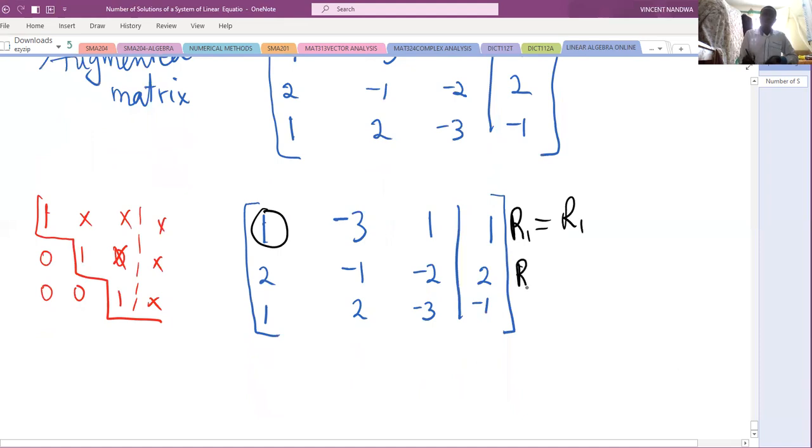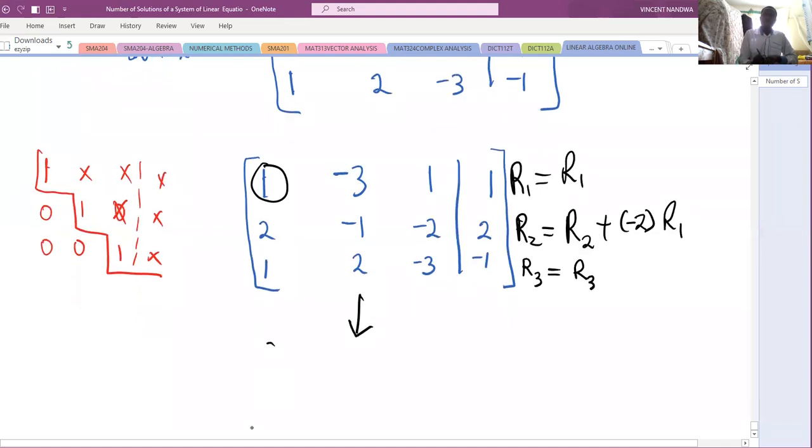And then row 2, this should be 0. So therefore we'll use row 1 to correct row 2. So we say row 2 plus, the constant to multiply by row 1 so that when we add to 2, we get 0 is -2. So put here -2. And then row 3, let's just do step by step. Let it remain row 3. So that step will lead us to this form: 1, -3, 1, 1.